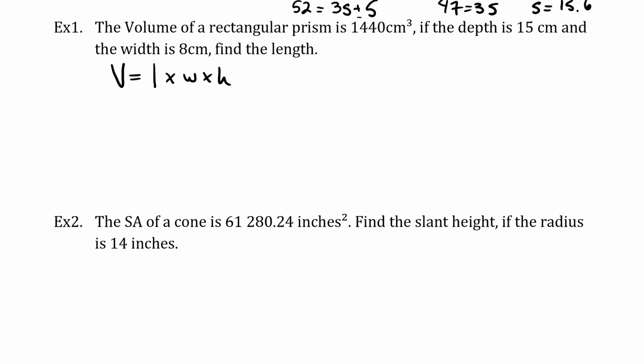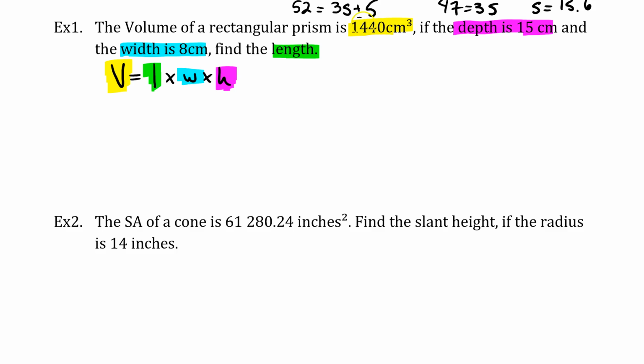I know my volume is 1,440, and I know my depth. We're just going to call depth height, it's the same thing. The width here is 8, and we want to find out what the length is. That's our question mark.